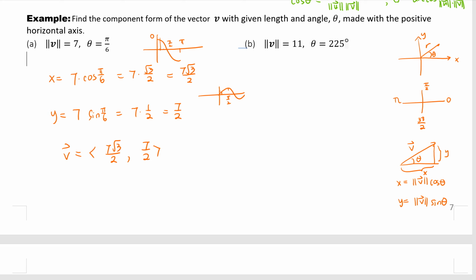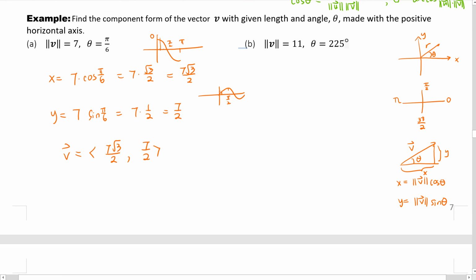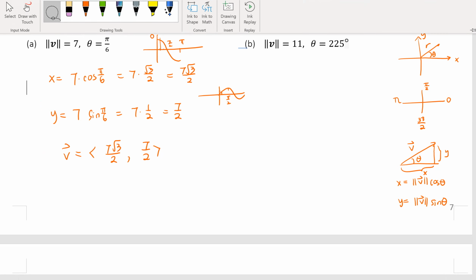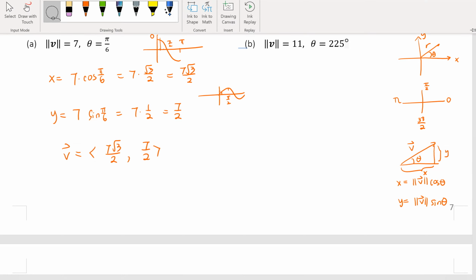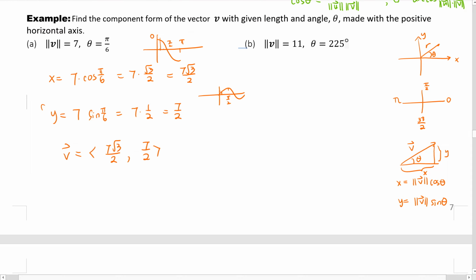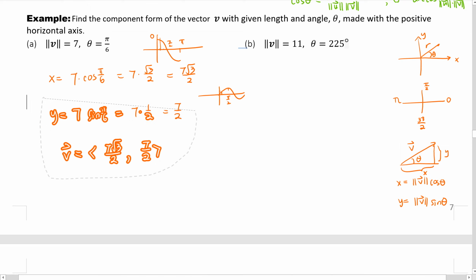What are those special angle values? Let me create more space here so I can show you.